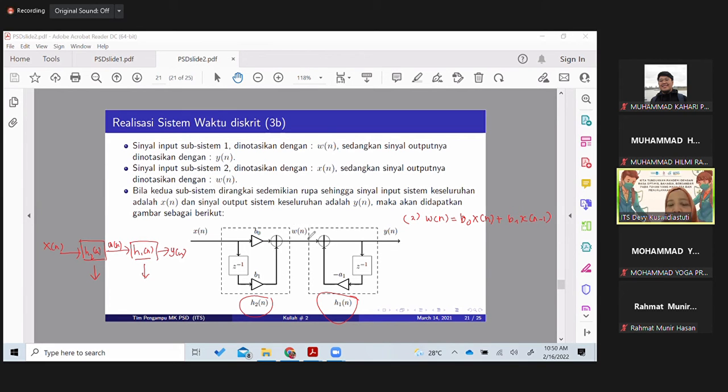That would be wn. And then the first equation, which relates to output yn, equals wn minus a1 yn minus 1. That will be this part.